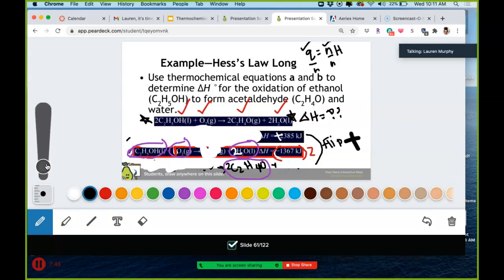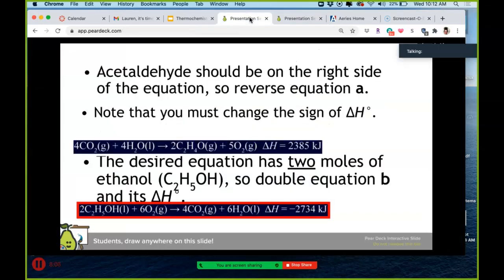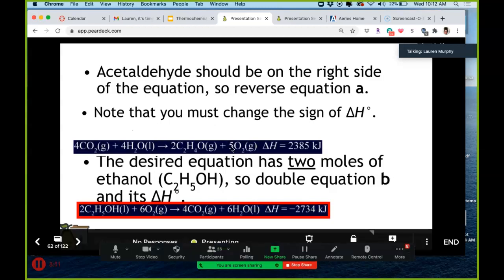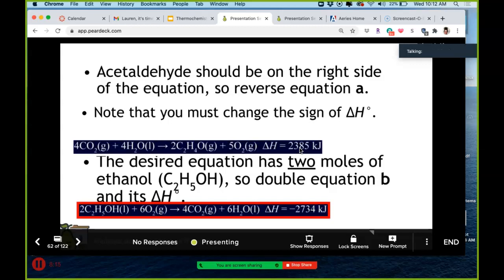So I'll give you a second to do that to see what you get. So this number plus this number. So we're adding them together, and we're doing that to try to get this guy's delta H. So again, this is just showing you when we multiplied it by 2, or flipped and multiplied by 2.